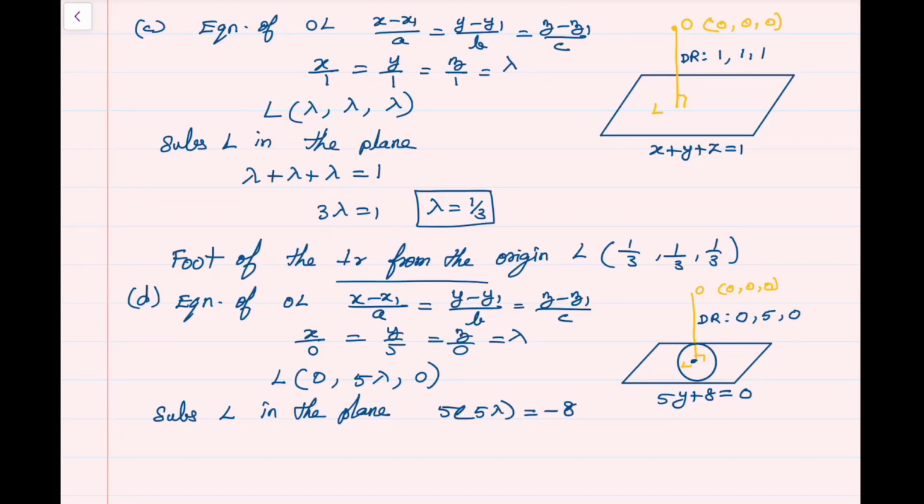Therefore, lambda is equal to minus 8 divided by 25. Let us substitute this lambda value in L. Therefore, the foot of the perpendicular L is (0, minus 8 by 5, 0).